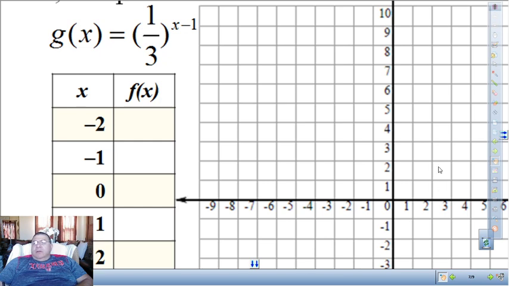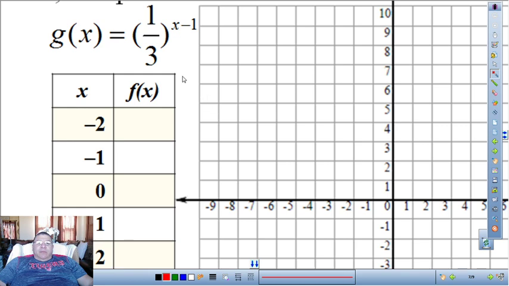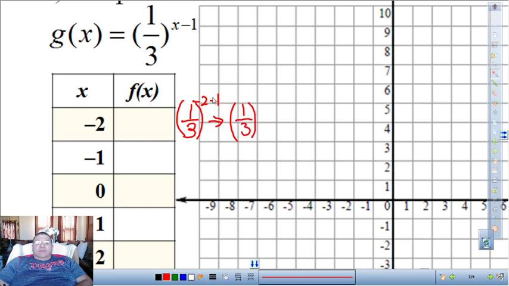All right, so let's do this one in red. So we got 1/3 to the x to the negative 1. So we got 1/3. What is x now? Negative 2. So we got 1/3 to the negative 2 minus 1, parentheses. So this becomes 1/3 to the what? Negative 3.